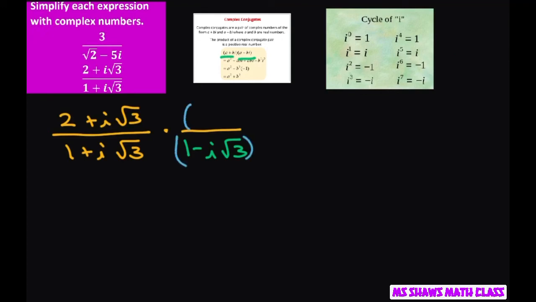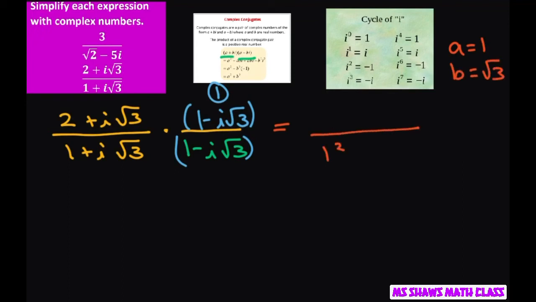So also multiply your numerator by the conjugate, because remember, this just equals 1. Now, for the denominator, we're going to let a equal 1 and b equal square root of 3. So for the denominator, we just have 1 squared plus square root of 3 squared. And the numerator, we're going to FOIL that out.